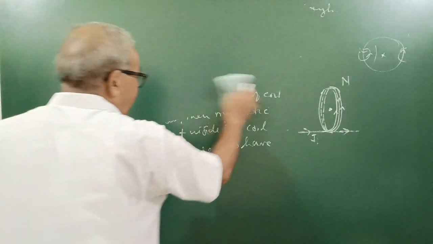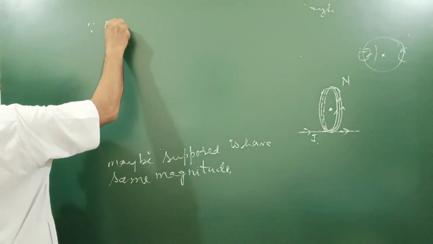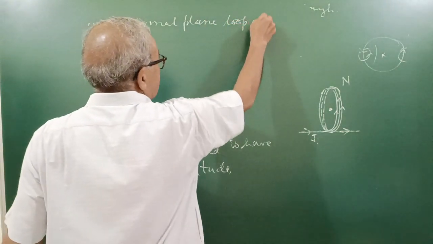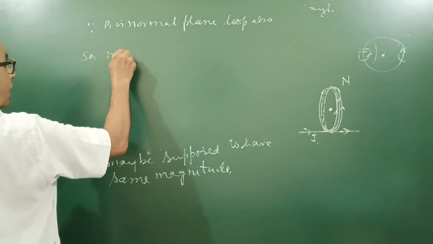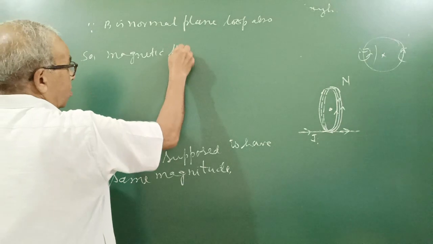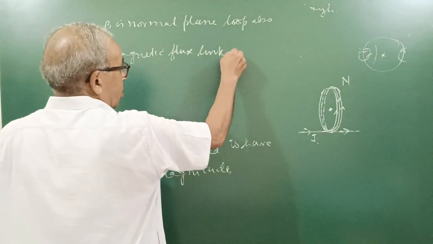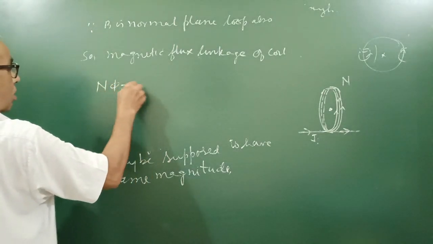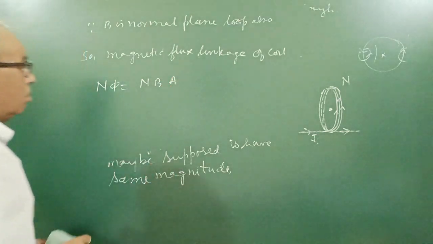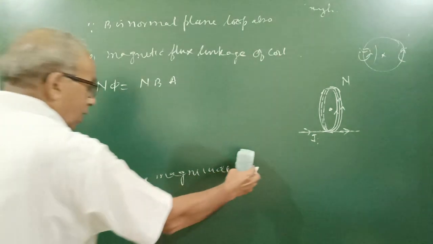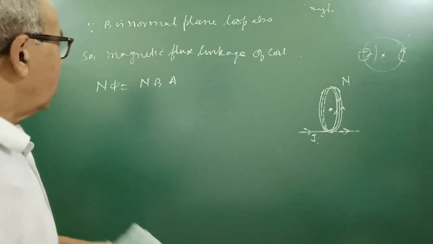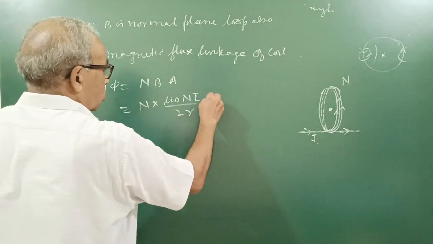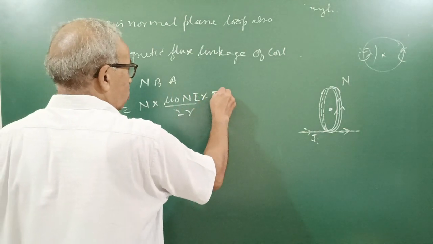Since the field is normal to the plane of the loop, since B is normal to the plane of the loop also, the magnetic flux linkage of the coil is N phi, equal to N into B A. Phi is B A, magnetic flux is only B into A, and it is N times that. We just wrote mu 0 N I upon 2R into A. And here A is the area of the plane loop, that is pi R square.